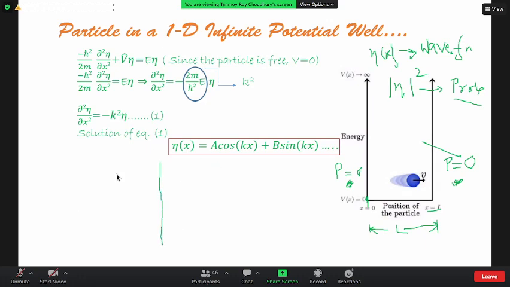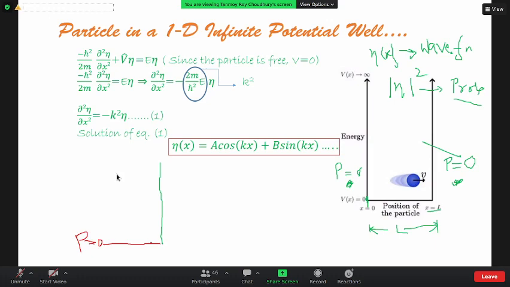Now, please understand, this is the boundary. If the probability of finding the particle just left of the boundary is 0, this is the probability P equal to 0.